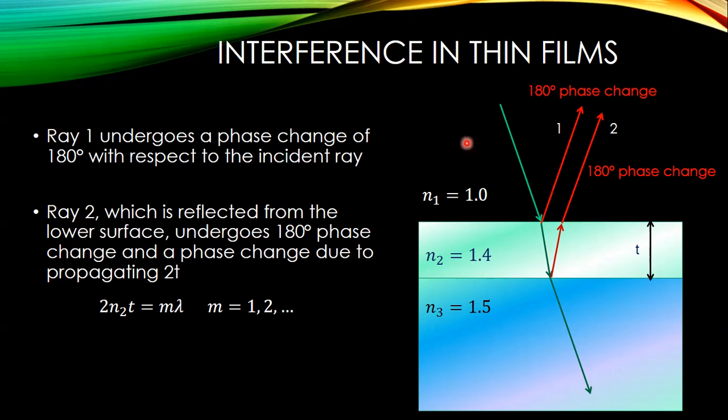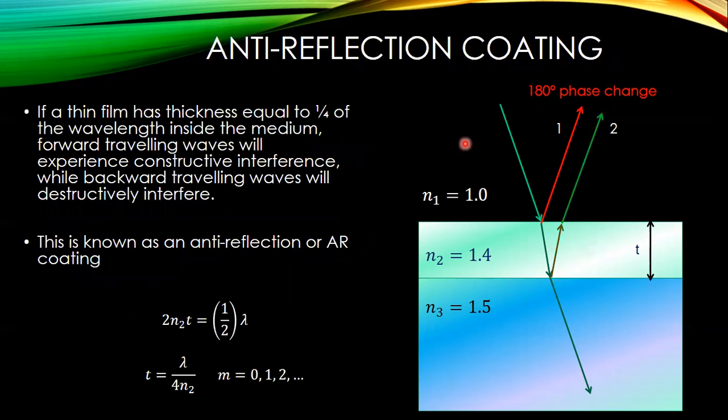Now this particular situation, where we have instead a 1/4 wavelength thickness, we are going to get the two reflected rays 180 degrees out of phase. This is a very, very important case, and we're going to call this the anti-reflection coating. You'll see why in a second. Now, the first ray comes in, it's reflected at 180 degrees.